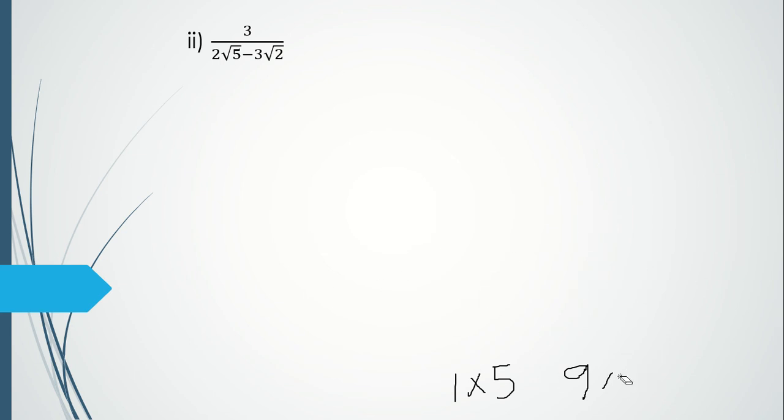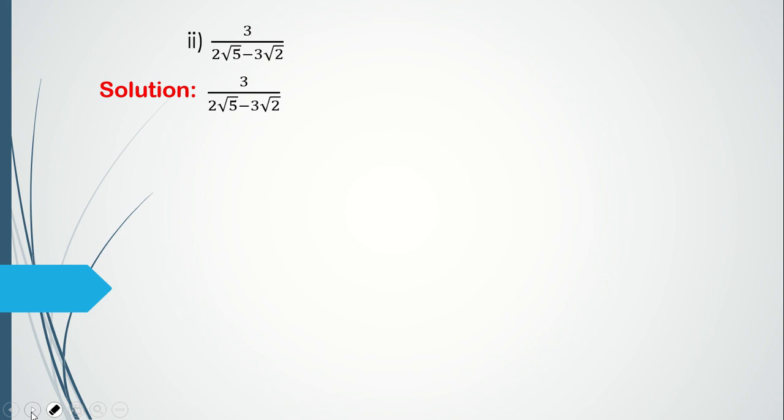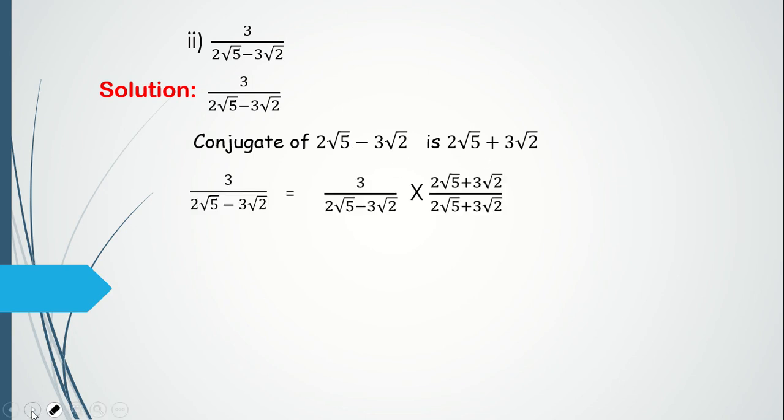So let's see once again how we have done it. The conjugate of 2 root 5 minus 3 root 2 is 2 root 5 plus 3 root 2, just a change in sign. Now multiply numerator and denominator by its conjugate.